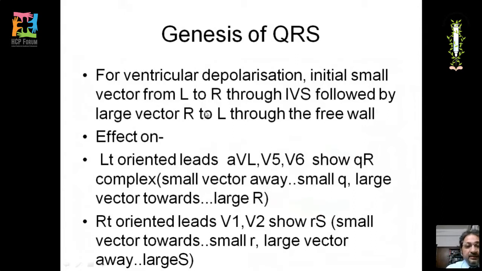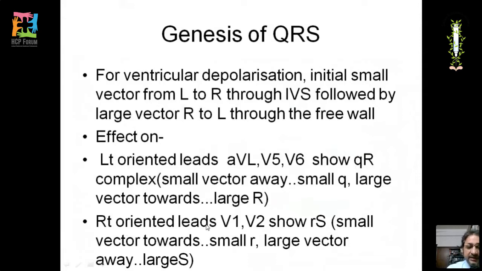And then the larger vector will be from the right to the left. That means it is coming towards the left-sided leads. And since it is a larger vector, it will be represented by a large R wave, a positive deflection. So in all left-sided leads, normally we get a QR pattern.